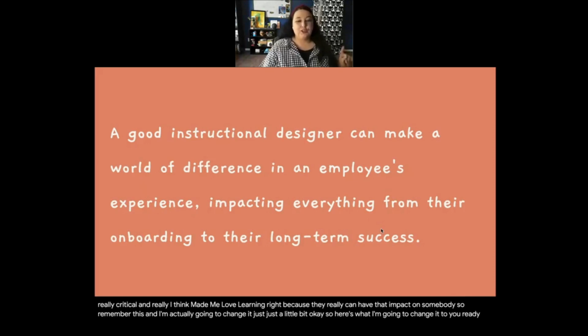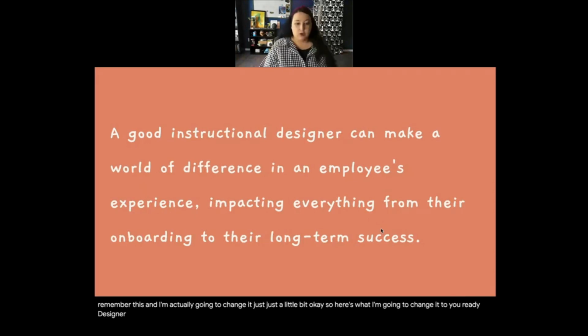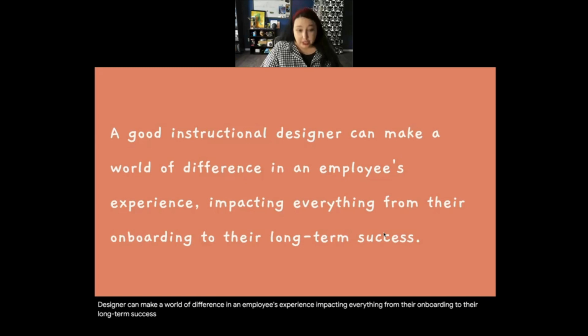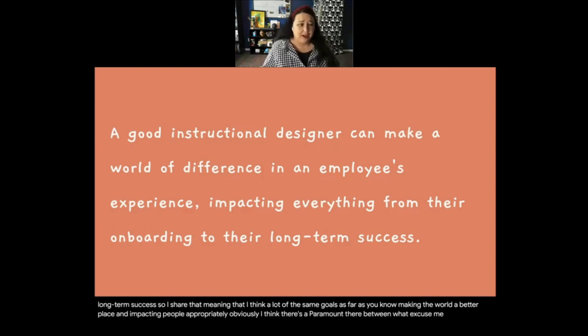A good instructional designer can make a world of difference in an employee's experience, impacting everything from their onboarding to their long-term success. So I share that because I think we have a lot of the same goals, making the world a better place and impacting people appropriately. Obviously, I think there's a correlation between teaching and instructional design.